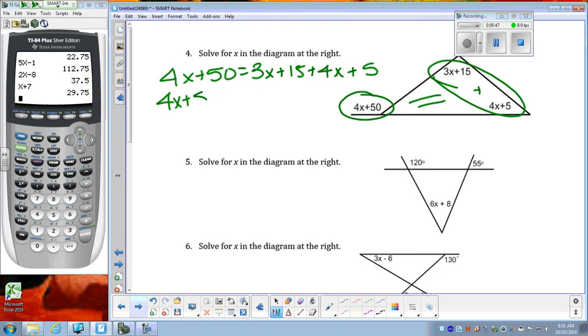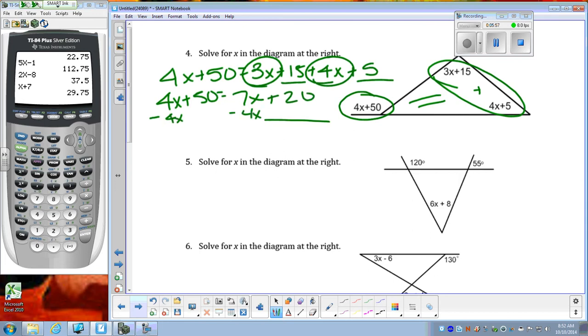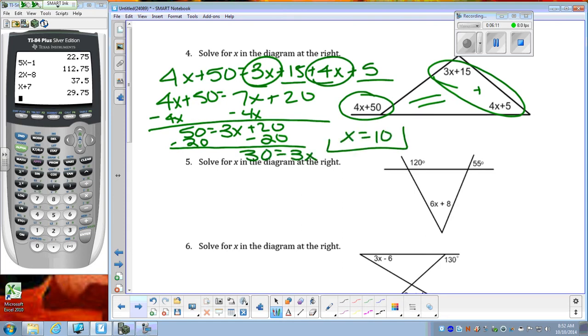So 4x plus 50 has to equal 7x plus 20. Subtract the 4x. Subtract the 20. You get 30 equals 3x, so I know that x has to equal 10.